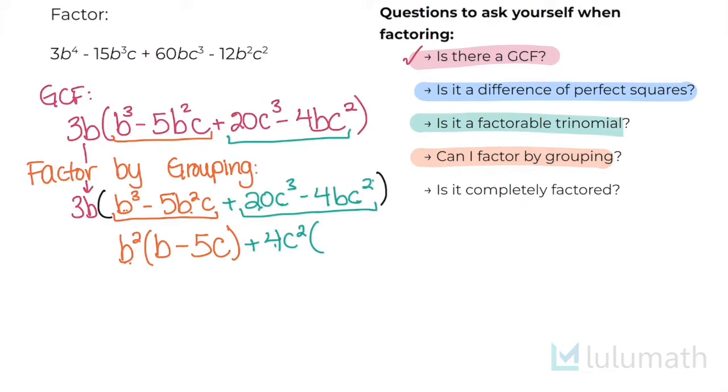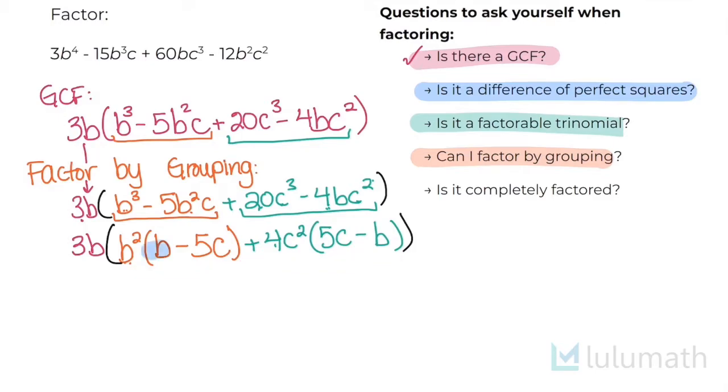So when I factor it out of my first term, I have a positive 5c, and then when I factor it out of my second term here, I will end up getting a negative b. Don't forget to have a second set of brackets here because this 3b is being multiplied by this entire factor by grouping expression here.